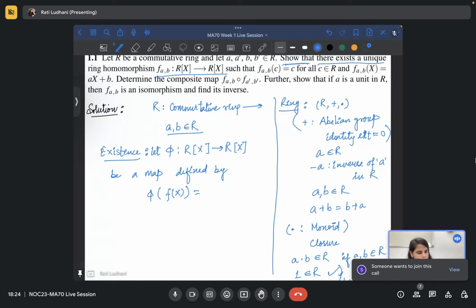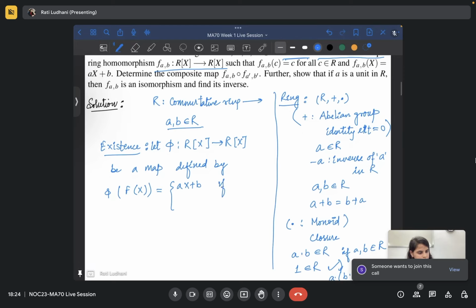Let me write down what you are saying. Phi of f(X), I'll write capital X because in the next question the sir has used it. Phi of f(X), what you are saying, is ax plus b if f is not a constant.